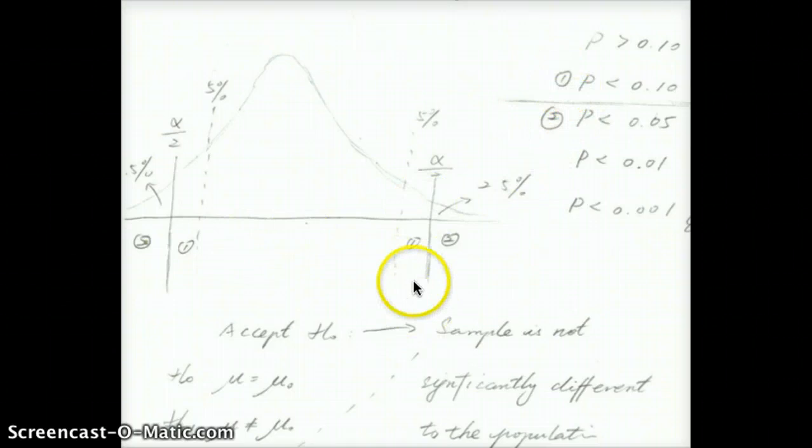And the area for zone 1 is a probability smaller than 0.1. But here, they don't tell you whether it is smaller than 0.005 or not, so we assume the p-value is in this area. And for zone 2, that is the probability smaller than 0.05, which means this dot should be in this area.